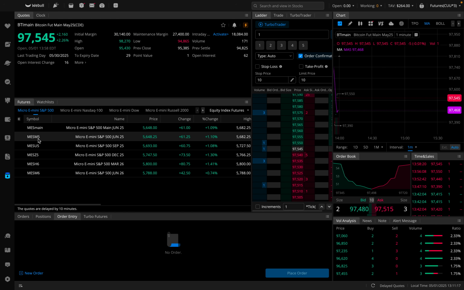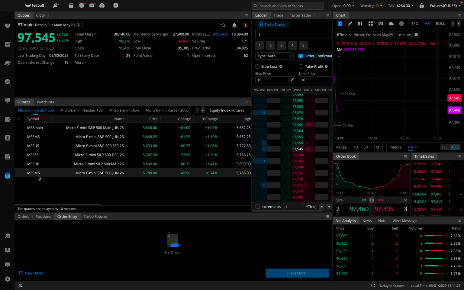In this instance, 5 refers to 2025, so this expires June 2025. If we look at this last one, again, M is June, and 6 stands for 2026, so this one expires June 2026, which we can also see under the name. So it's very important you know how to read these symbols.